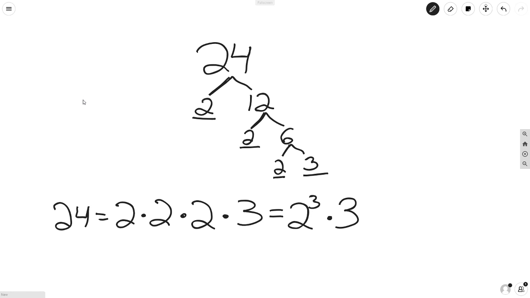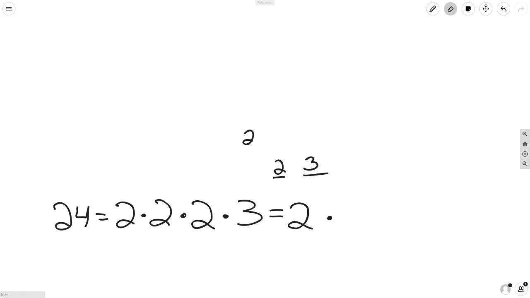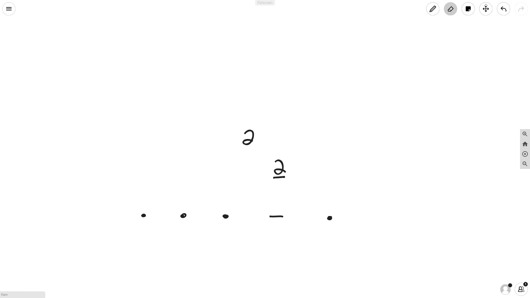Alright, let's look at another one here. Let's look at 15. We want to do the prime factorization of 15.